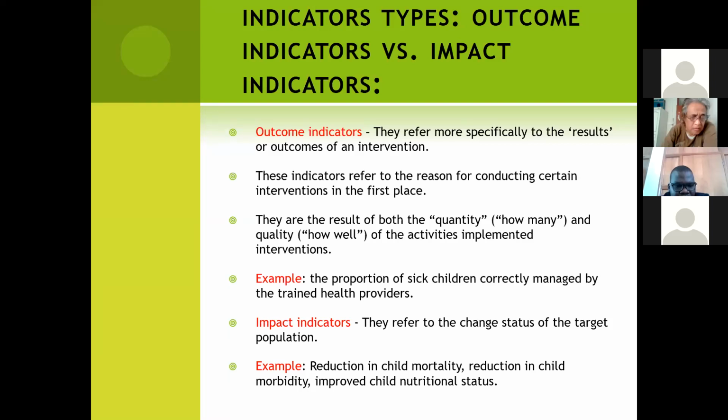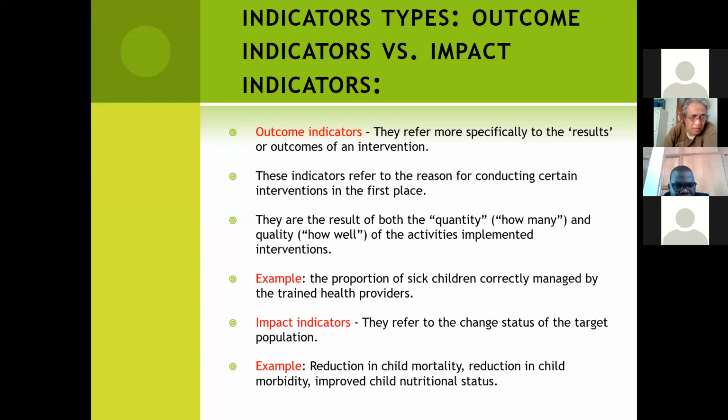If there's reduction in child mortality rate, if there's reduction in child morbidity, if there's improved child nutritional status, etc. These are some of the good examples of indicators that will be able to measure the impact or the change status of the target population based on the intervention that was actually provided.